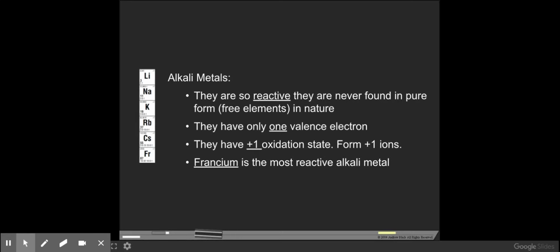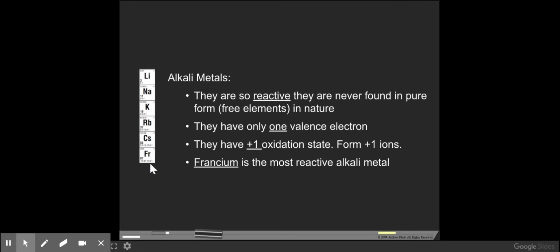Alkali metals are so reactive that they are never found in pure form. So they just react before they can even be by themselves. They have only one valence electron. So what that means, if they only have one valence electron, is they're always trying to lose just one electron because their inner orbitals are already full.